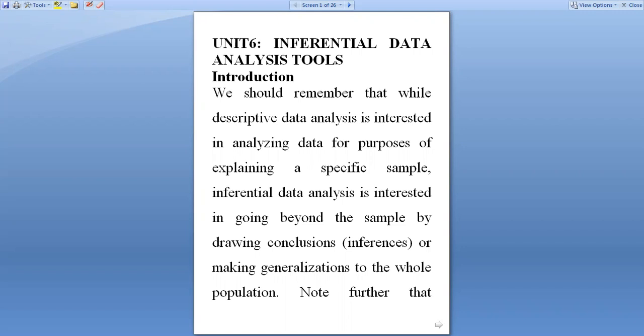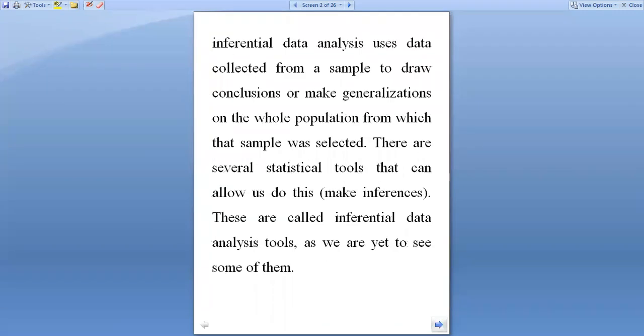Note that inferential data analysis uses data collected from a sample to make conclusions or generalizations on the whole population from which the sample was selected.